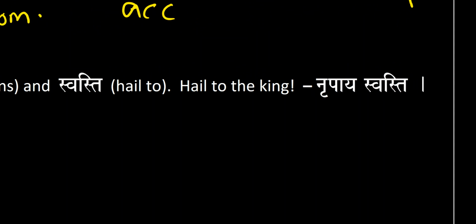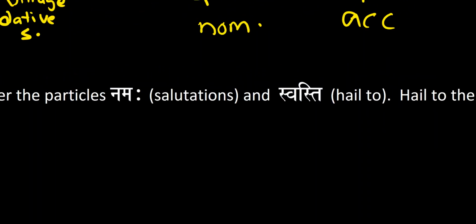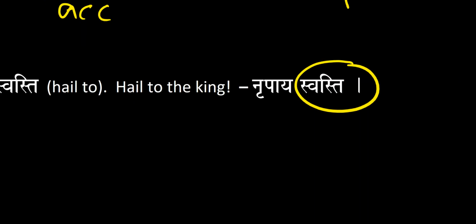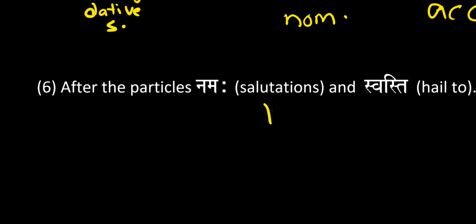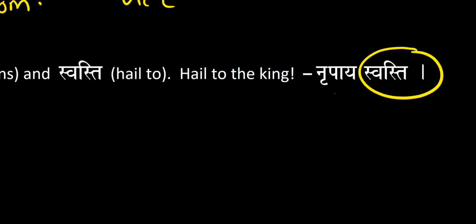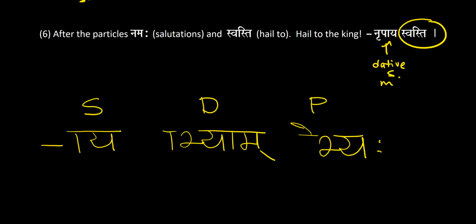Because swasti is a particle that governs the dative case, nripaya, to the king, has to be declined in the dative singular case. And remember, this is masculine. Hail to the king, nripaya swasti.